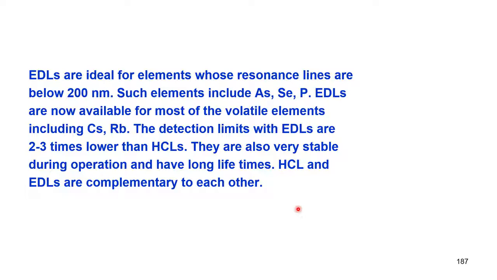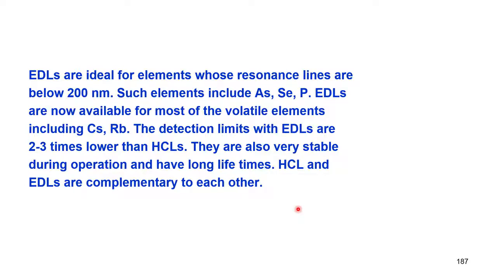So what are such elements? These elements are arsenic, selenium, phosphorus, iodine, etc. Iodine is not there usually, nobody determines iodine by atomic absorption, but EDLs are nowadays available for most of the volatile elements, including cesium and rubidium. Actually the work function of cesium is very less, so it is used in detectors, but even for atomic absorption cesium and rubidium EDLs are available.